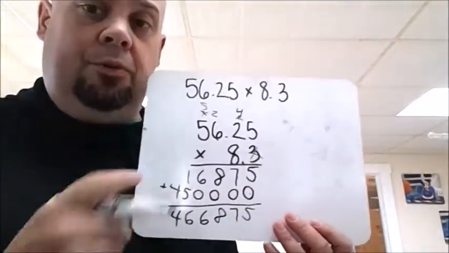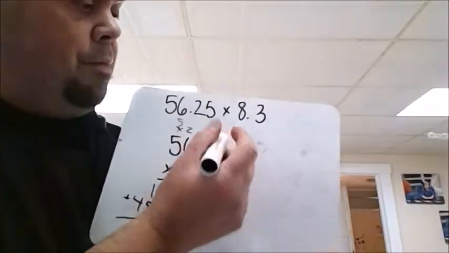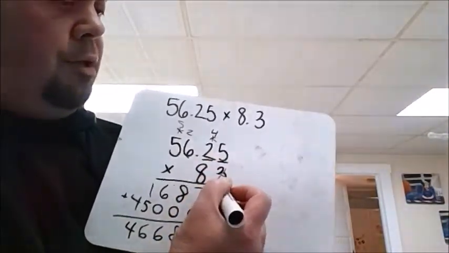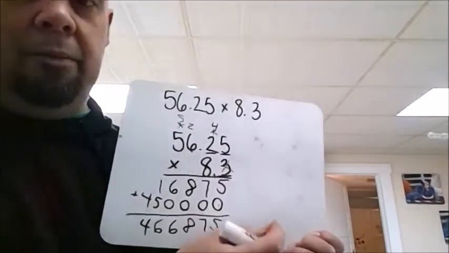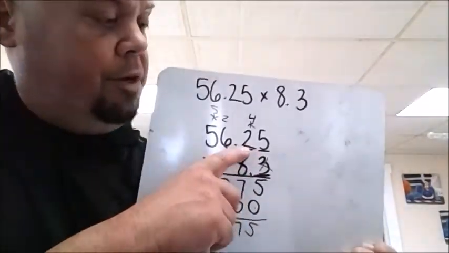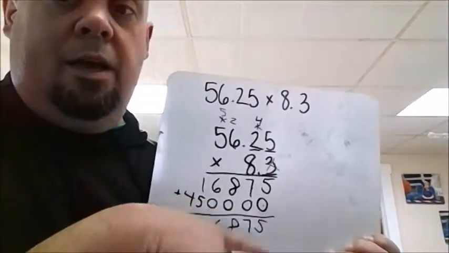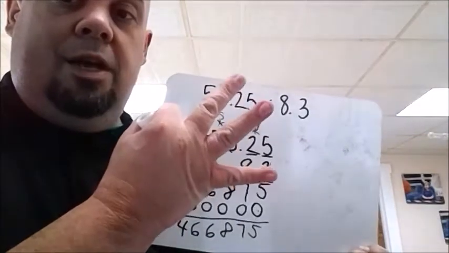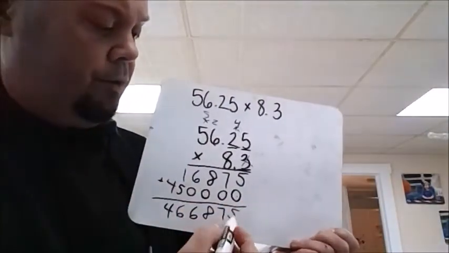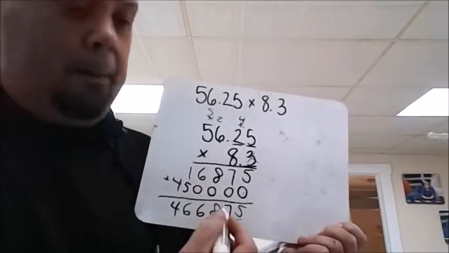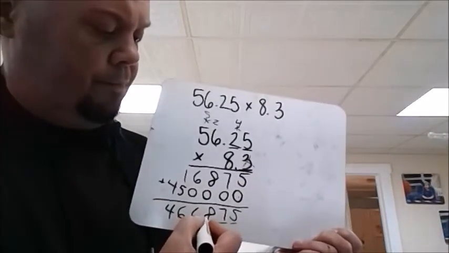And now we start to worry about the decimal. So we're going to go back up above. I'm going to look, and I have 1, 2, 3 digits that are behind a decimal point. So your 2, your 5, and your 3 are all behind a decimal point. So that's a total of 3 digits. So down below, we want 3 digits, 1, 2, 3, behind the decimal point.